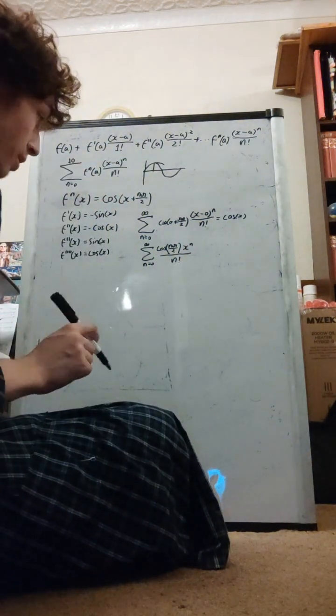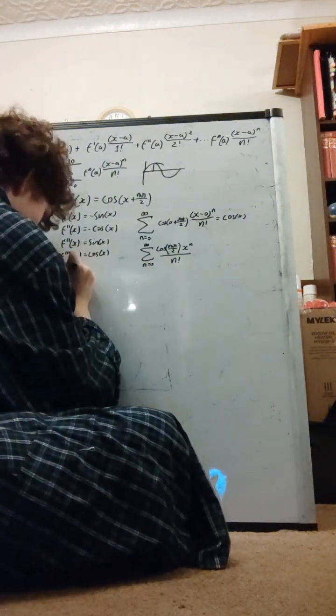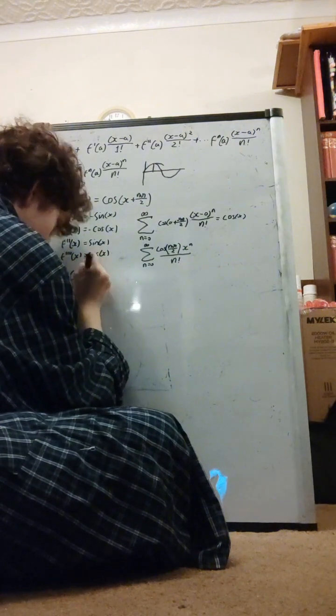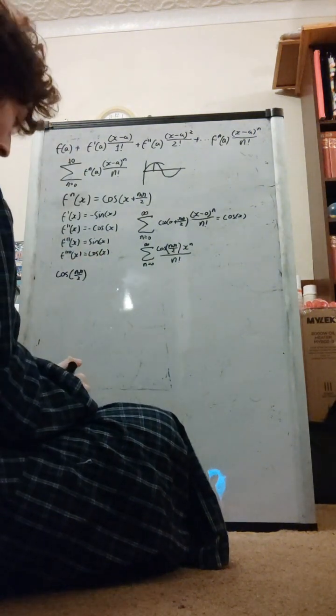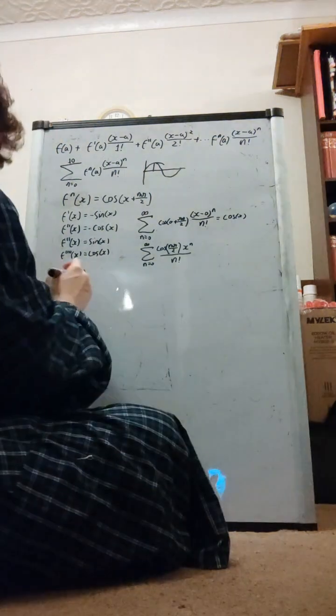Just without the zeros. So I realized that cosine n pi over 2, if I write that out, alternates between 1, 0 and minus 1, right?